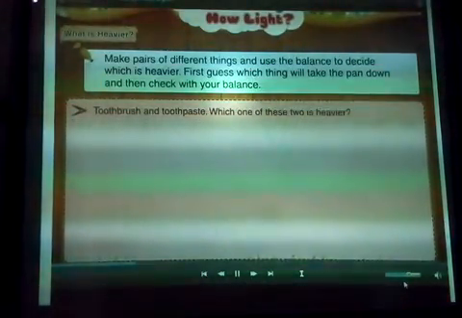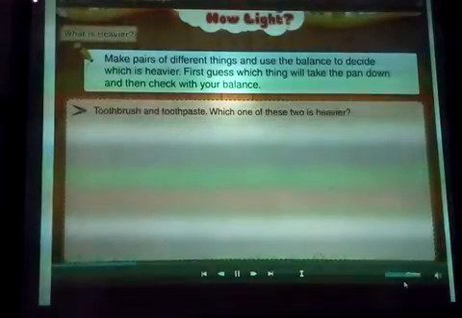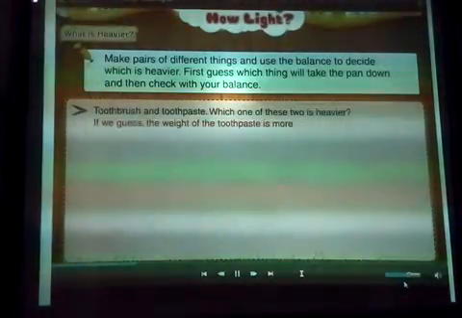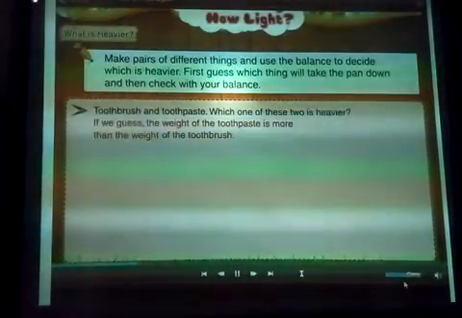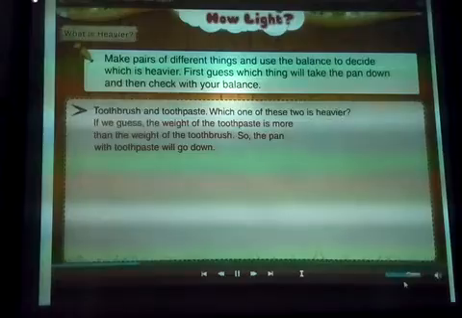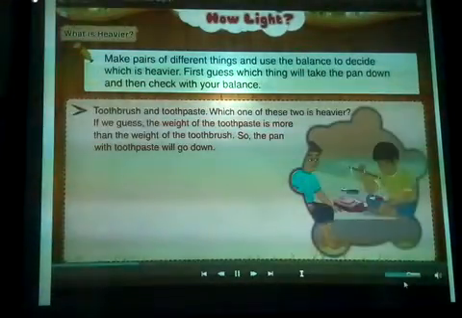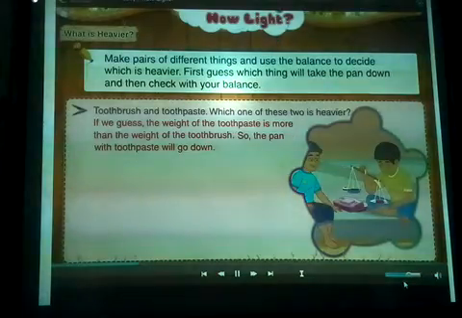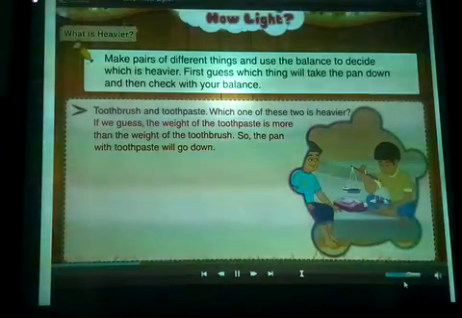Which one of these two is heavier? If we guess, the weight of the toothpaste is more than the weight of the toothbrush. So the pan with the toothpaste will go down. Let's verify. On verification, we find that the weight of the toothpaste is more. So our guess is correct.